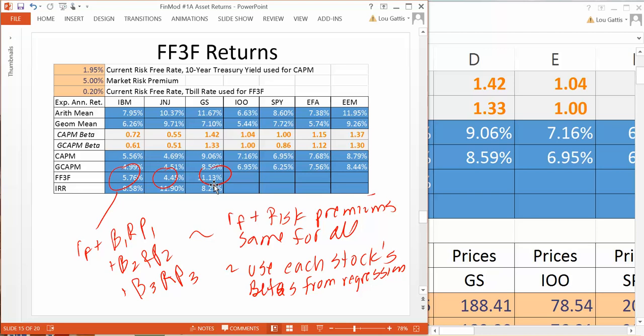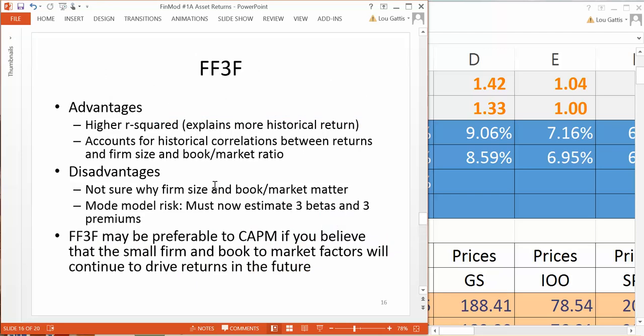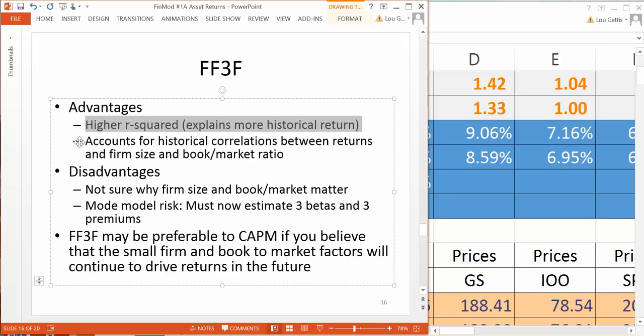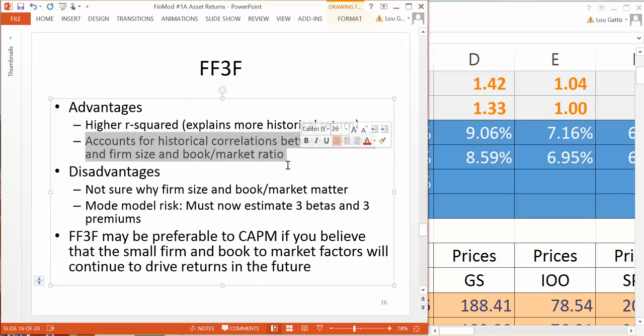All right. Now, let's talk about Fama-French for a minute. The advantage is you generally get a higher R squared, because generally you just have more variables, so 3 variables will generally increase your R squared. And also the fact that Fama-French includes the long-term persistent outperformance of small cap stocks and high book-to-market stocks.